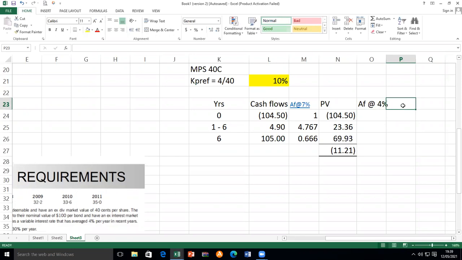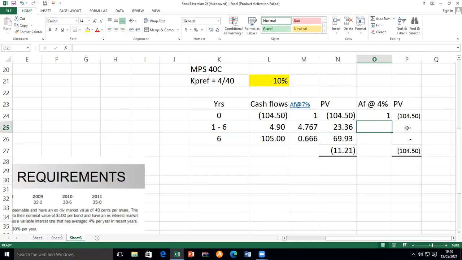Let's have the answers. Let's go 1 to 6 at 4%. 5.242.